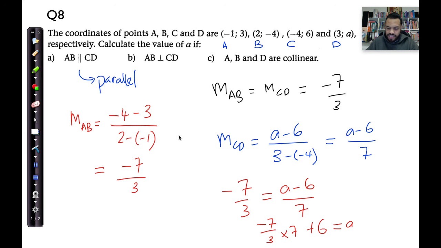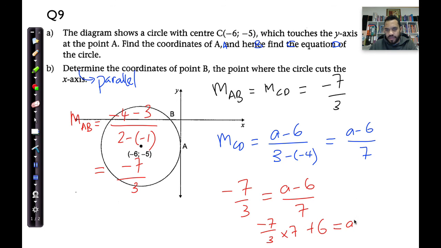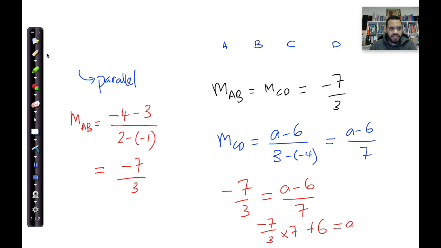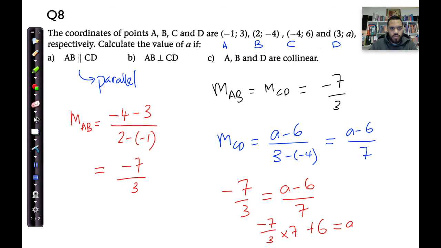It's going to give me -10.3. Sorry, that's my fault, that's a fail there. It's -31 over 3, which is the same as saying negative 10 and 1/3. So that was the first example. Let's look at B.